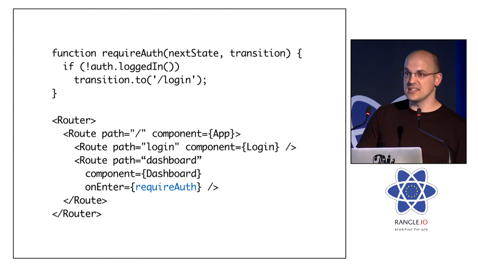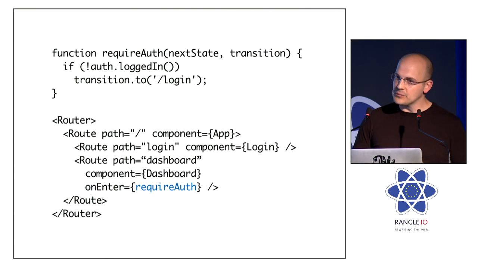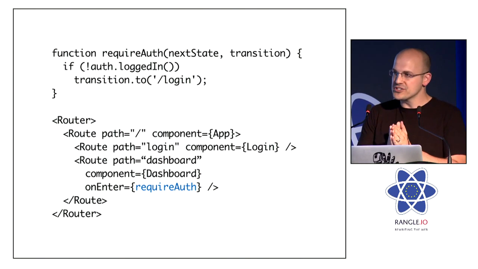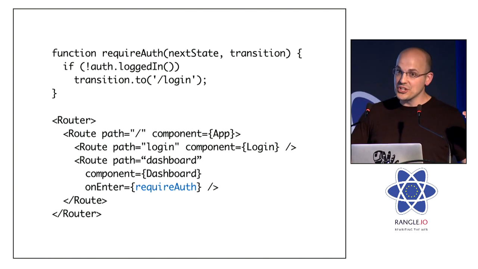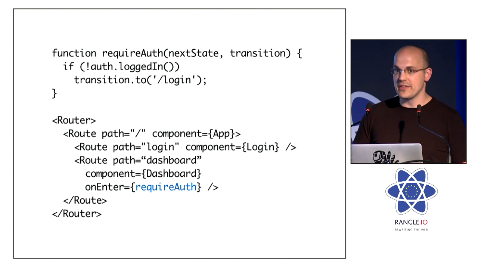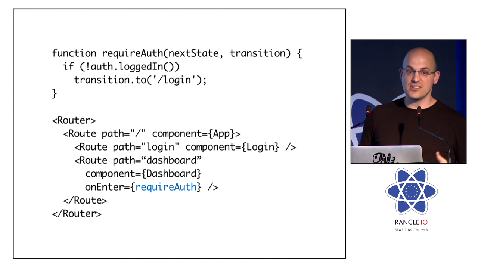So in this case, if they're not logged in, we say, go and transition to the login page. So we're not just focused on matching a URL and actually just rendering the page, but we're focused on how you transition around the app. And this is just one example. There are numerous other examples in the repository on GitHub that show different examples of how you might navigate around in your app.